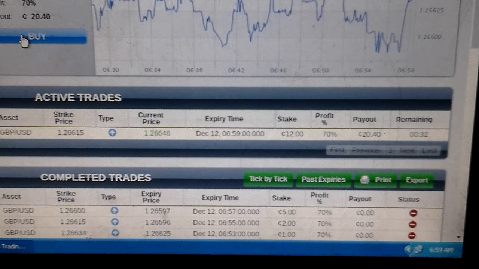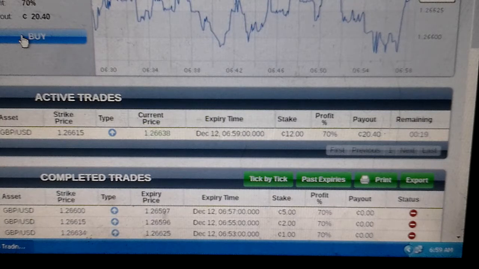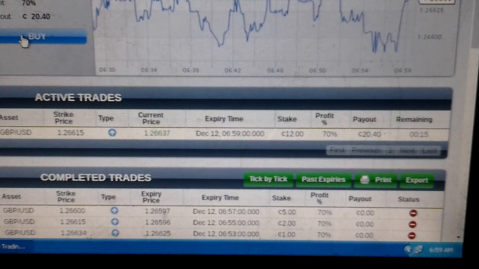And I've tested this system like this several times. It's really hard, it seems, for me to lose 5 consecutive trades in a row. It does happen, but usually I'm pretty well into profits when that happens.